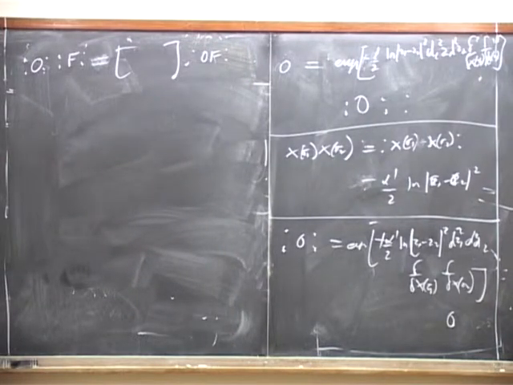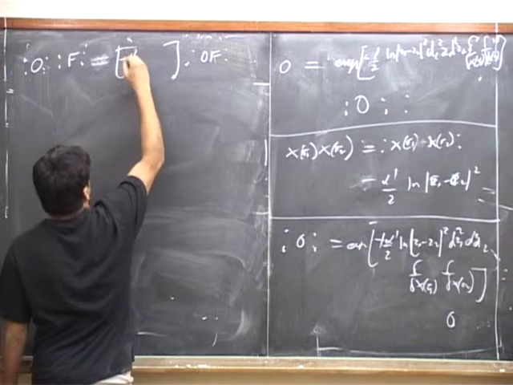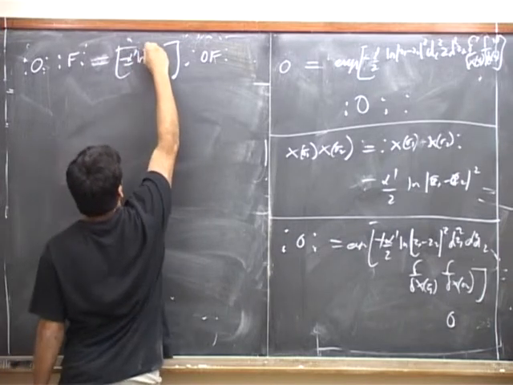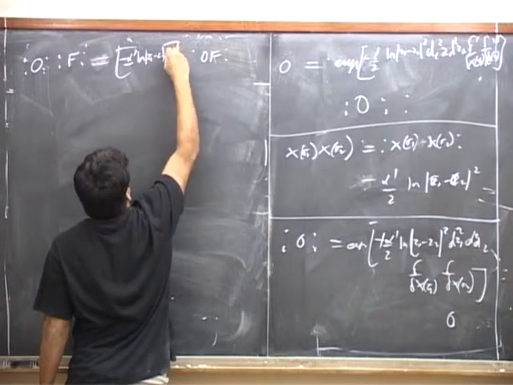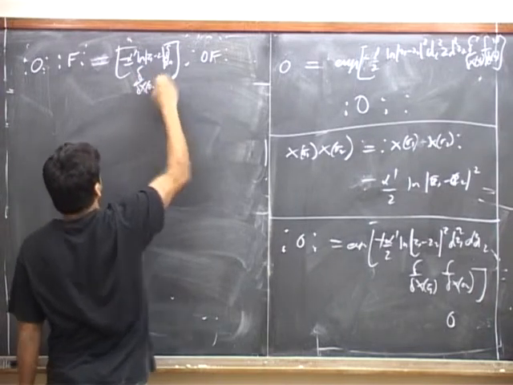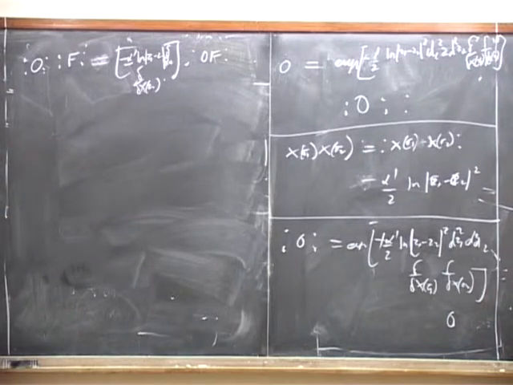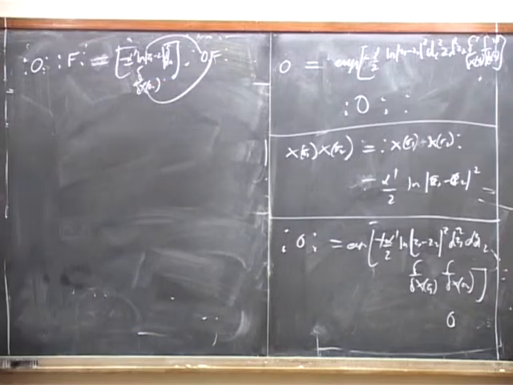This thing has additional singularities coming from contractions, so we get a minus alpha prime. Actually, I have no 2 now, as you see. Minus alpha prime log of z1 minus z2 del by del x of z1 del by del x of z2, such that z1 acts only on O and z2 acts only on F.